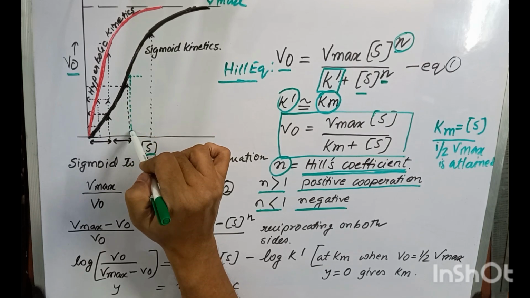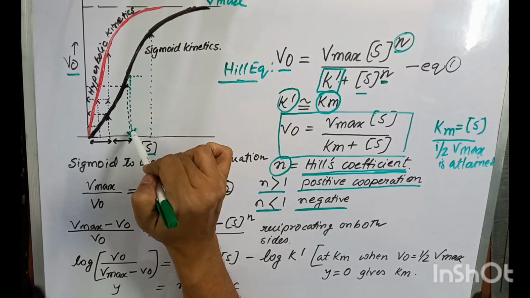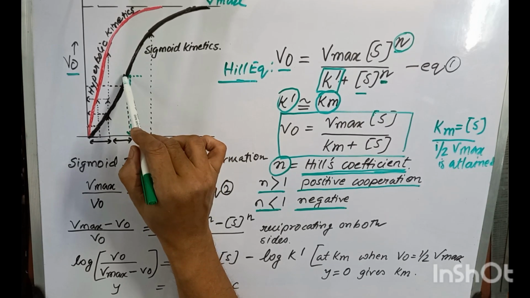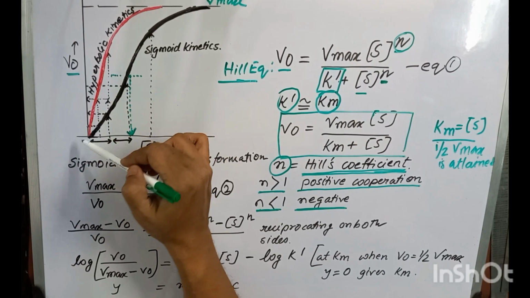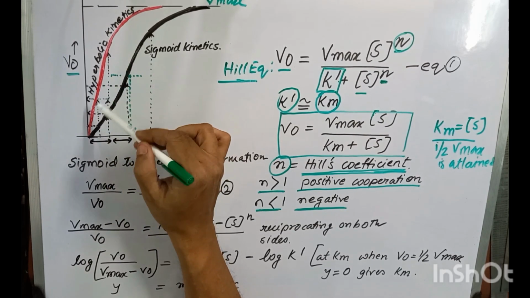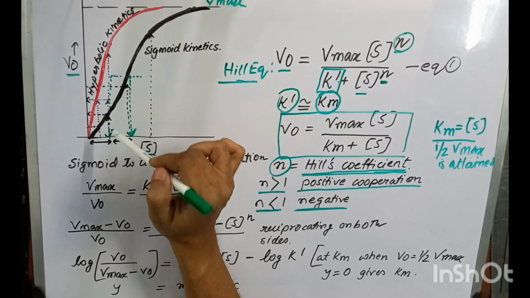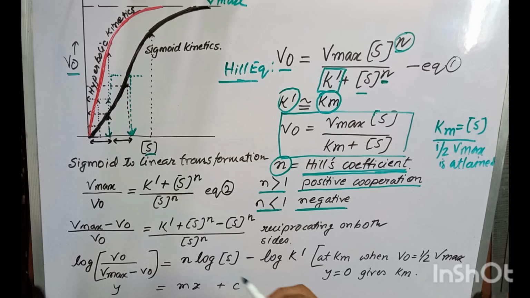So this is the substrate concentration at which half of maximum velocity is attained, and this substrate concentration is the Km of the reaction. When the Km is lowered, if the curve shifts to the left, that means when the Km value is lowered, we know that the affinity has increased.